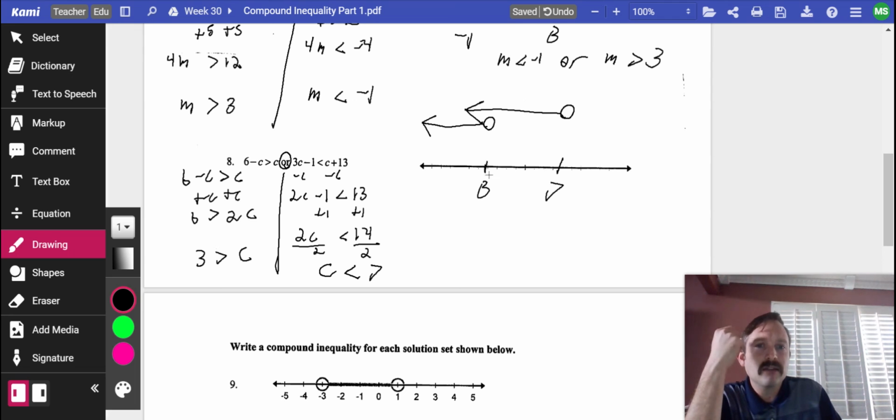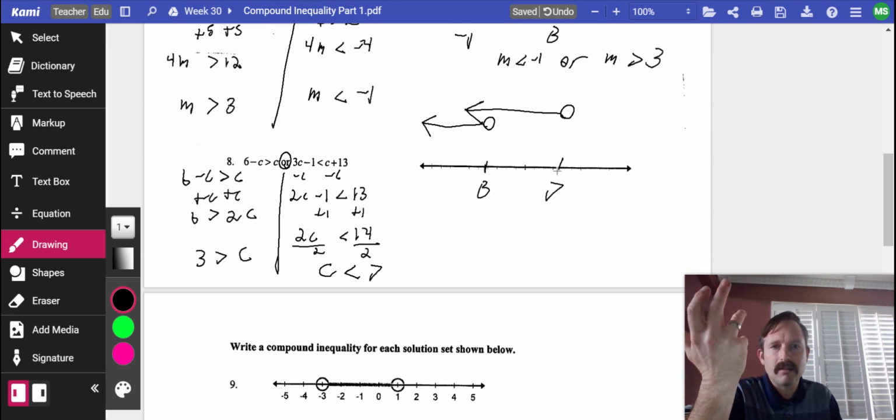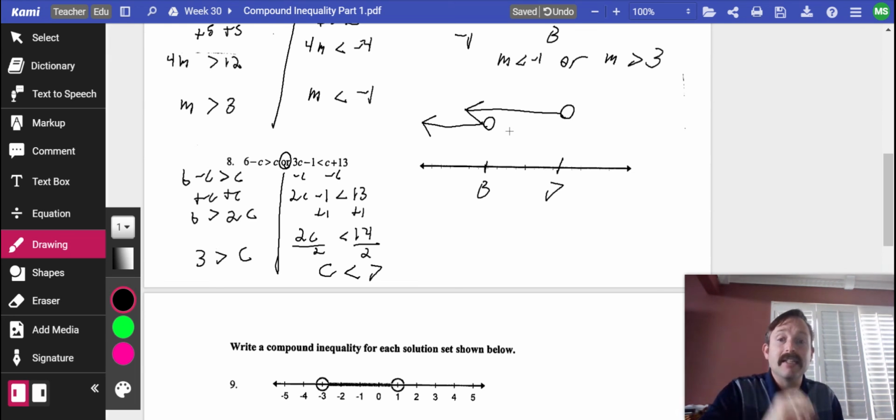Now, technically, any number for c that is less than 7 will work for both situations. In the instance I'm saying, it's the "or" situation, or 1 and or 2.